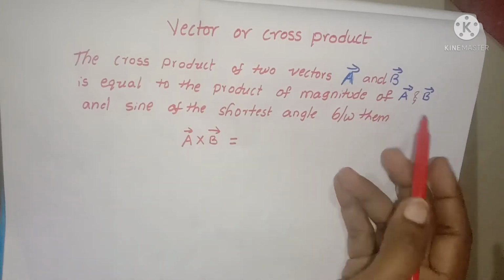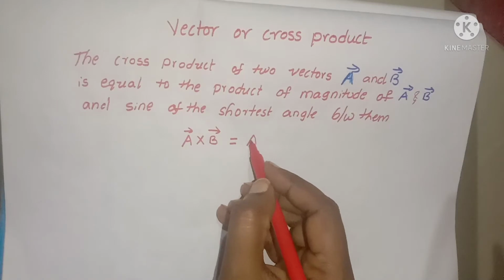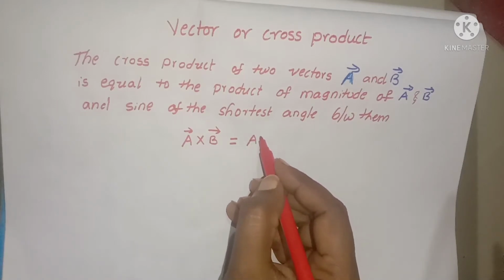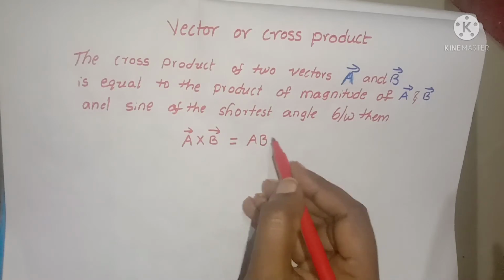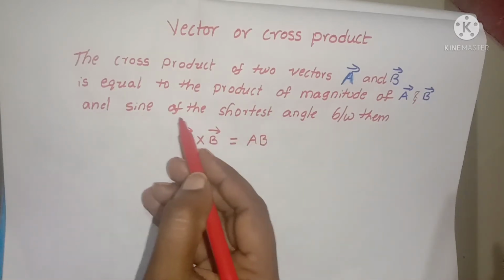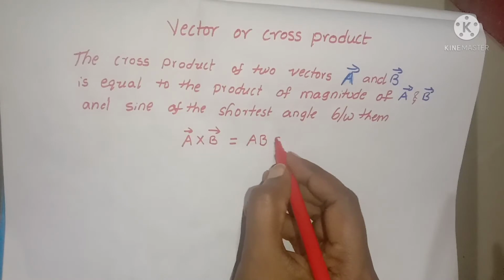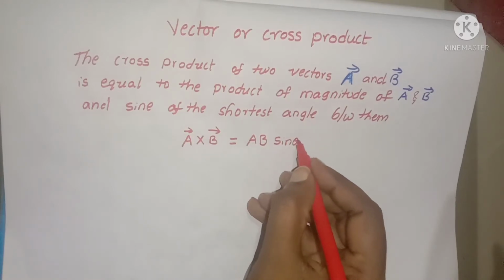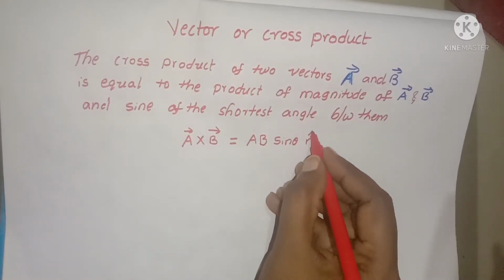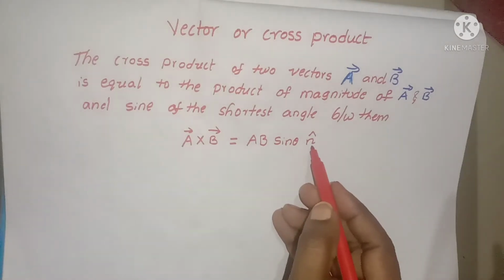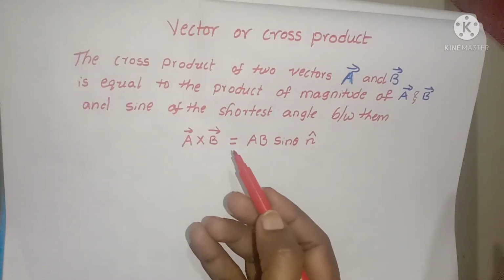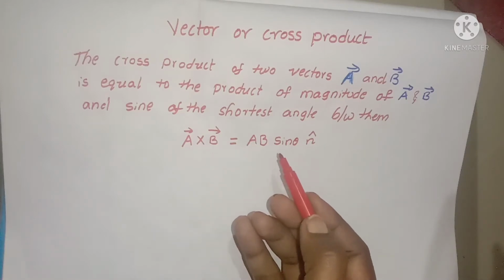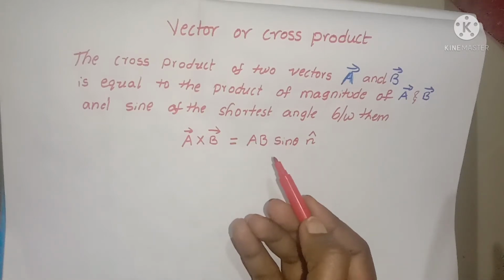Magnitude of a bar we can represent as a, and b magnitude is b, so AB, and it is with the sine of the shortest angle between them, so sine theta. And here n cap is the unit vector, perpendicular to the a bar and b bar plane. So this is the representation and definition of the cross product.